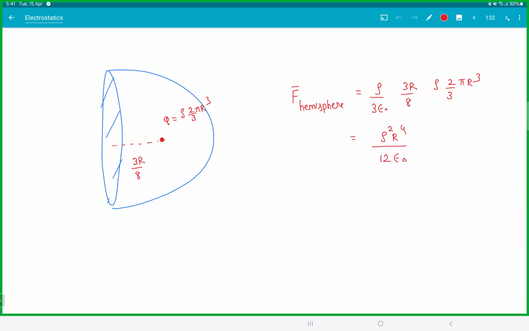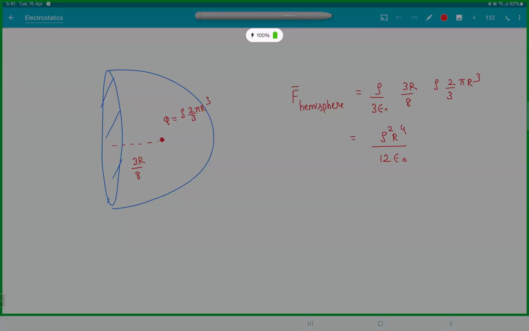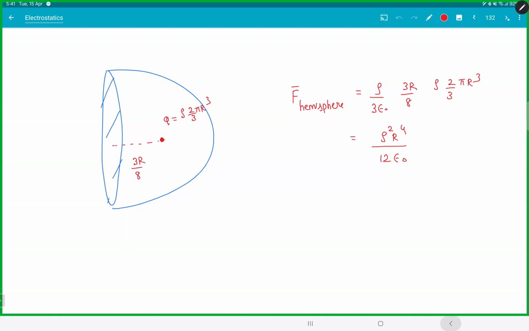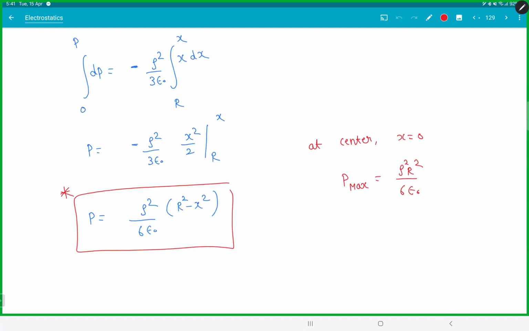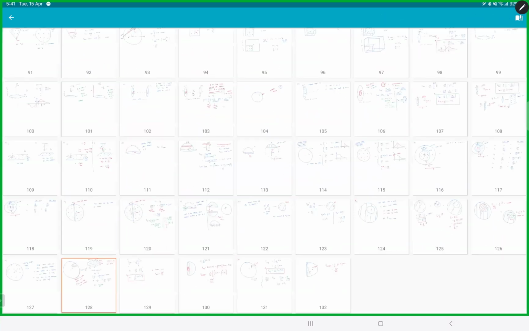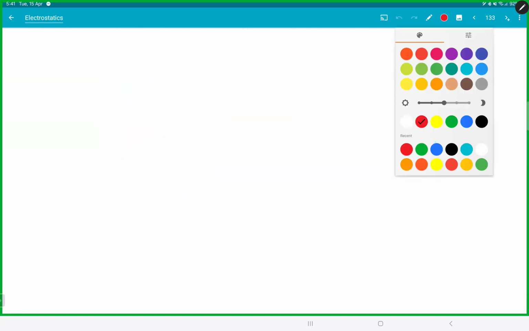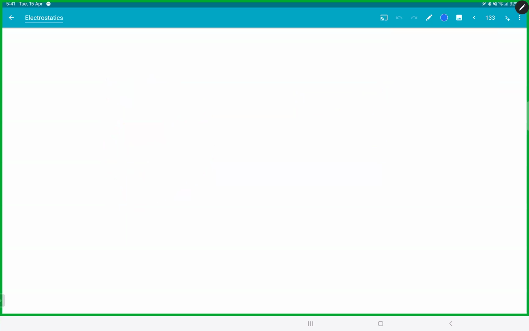So last class we have done the pressure inside a solid sphere. Using a similar logic, let's try to get this.